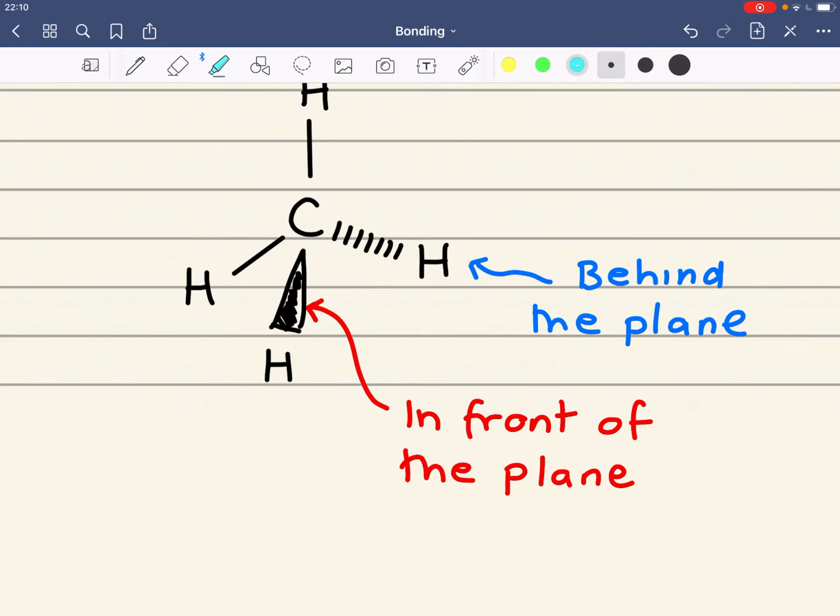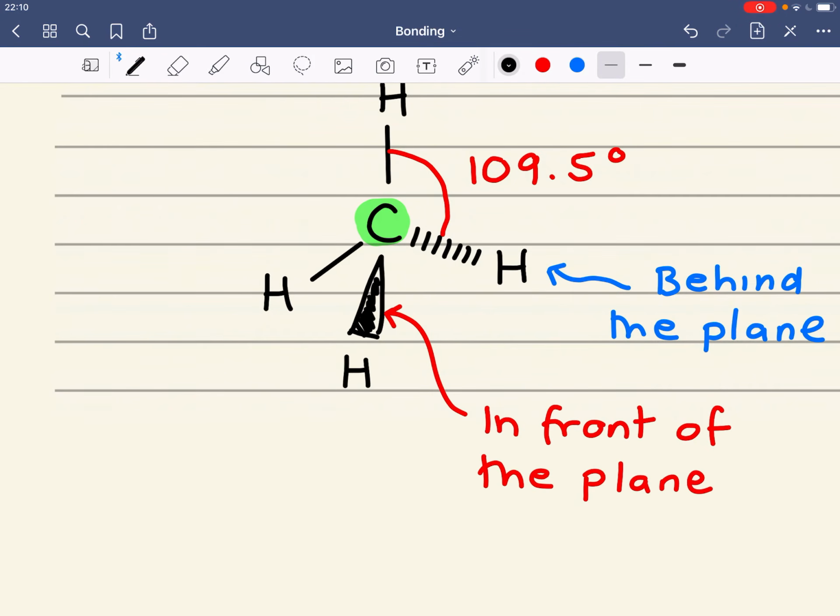So now we've got my 4 bonding pairs around the central atom. The central atom is carbon. And when they arrange themselves in such a way to get as far apart as possible to minimise the repulsion, that gives me a bond angle between the bonding pairs of 109.5 degrees. And the name of this shape now is called tetrahedral.